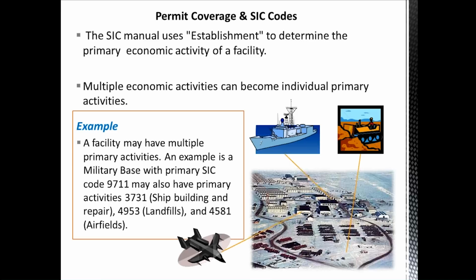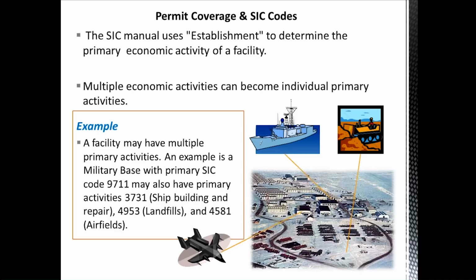And so, for example, here's a military base. And they have all kinds of stuff. They have housing, they have training grounds, they have cafeterias, they're like a little city. They have places where they land planes, all kinds of that. So when would you need a permit?